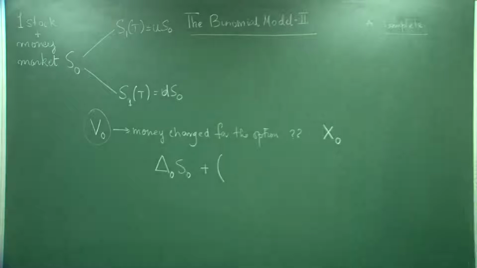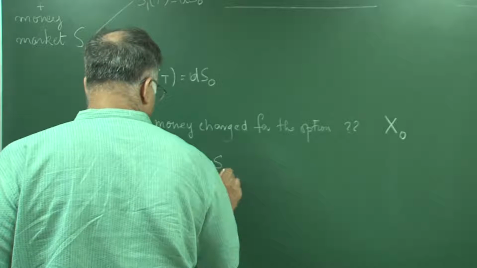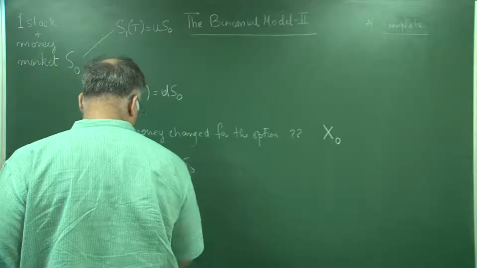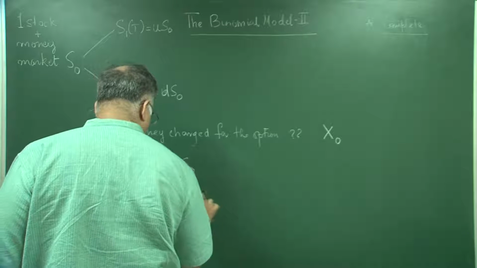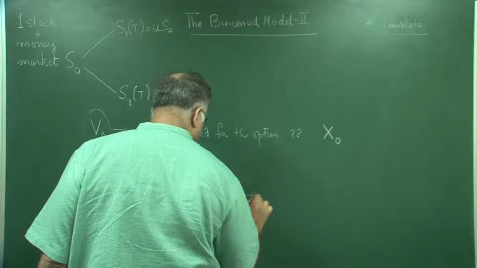So, if I invest the rest of the money in the money market, delta naught S naught is the amount of money I have spent, and the remaining part, that is x naught minus delta naught S naught, I invest in the money market.